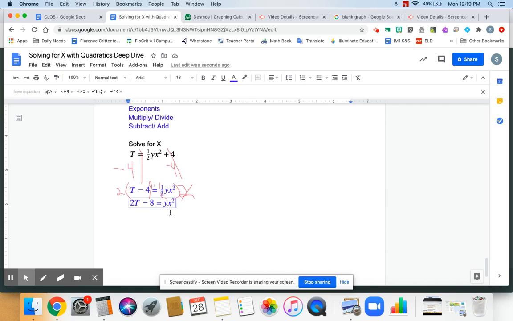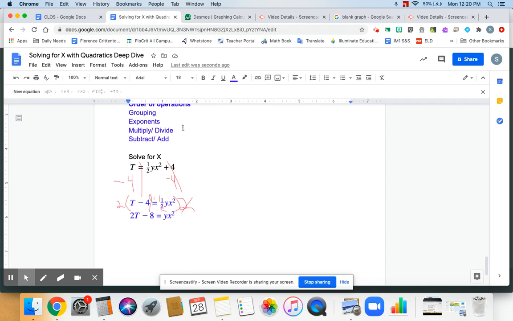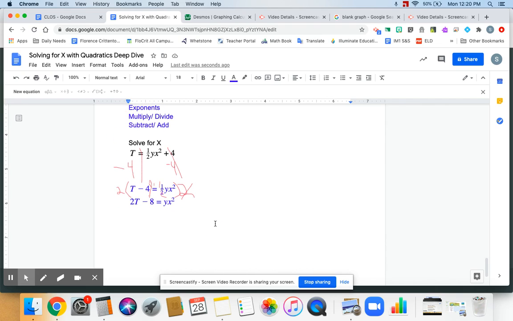Next, I'm still looking at this. How is this y connected to the x squared? They're side by side, which means they're getting multiplied together. So multiplying is still the next weakest thing because we took care of add, subtract. So we're still on multiply, divide. So to undo the multiplying by y, what's the inverse of multiplied by y? It's dividing by y.